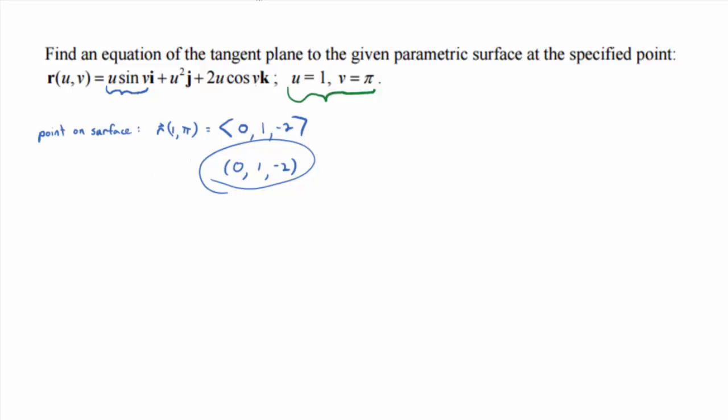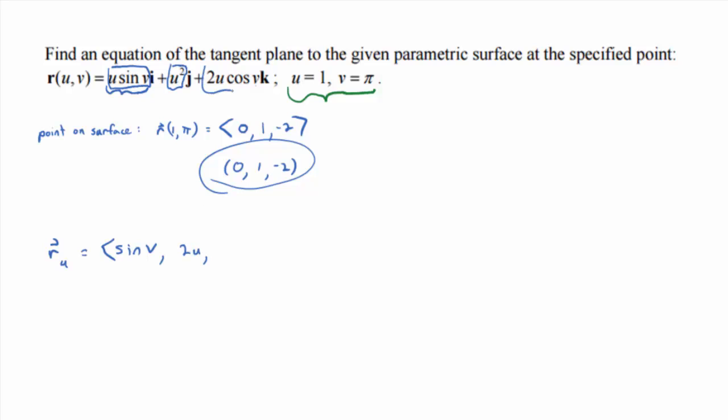So the first order of business is to find the derivative of R with respect to U. What's the derivative of this first component with respect to U? Sine of V, and again, I'm just going to use component form here. What's the derivative of this second component with respect to U? 2U.